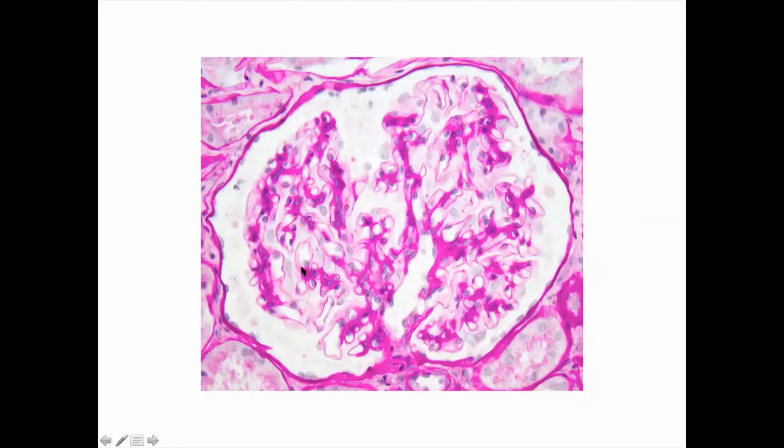The capillary loops are patent. We don't have endocapillary hypercellularity. We don't have breaks in the glomerular basement membrane. We don't have crescent formation. We don't have any hypercellularity within the parietal epithelial cells.